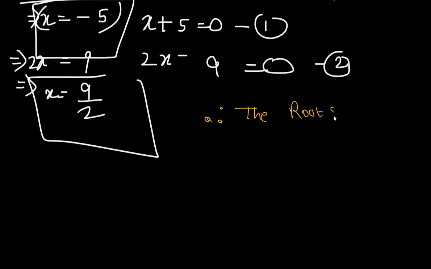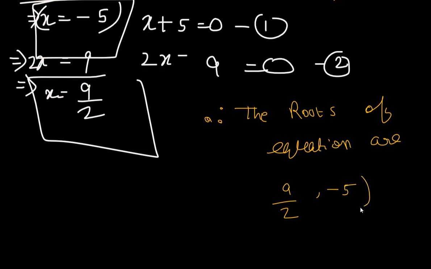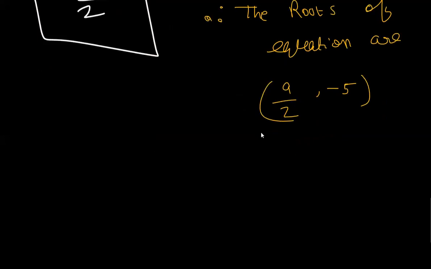So the roots of the equation are 9 by 2, or you can write in decimal, but it will not look good, so you will write in fraction, comma minus 5. These two are the roots of the given equation.